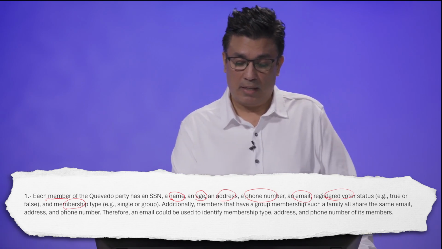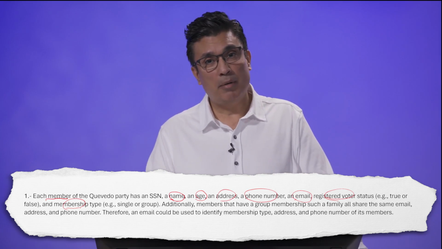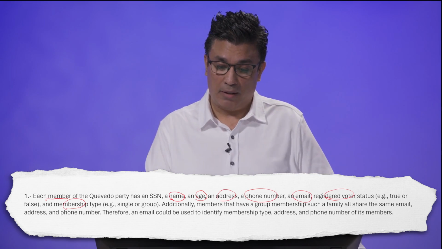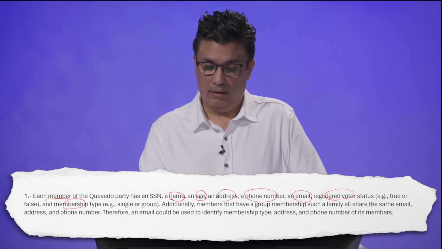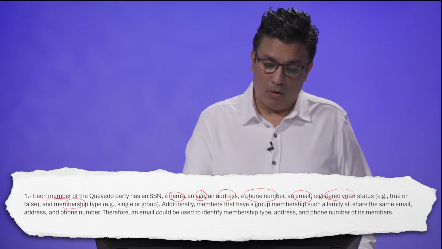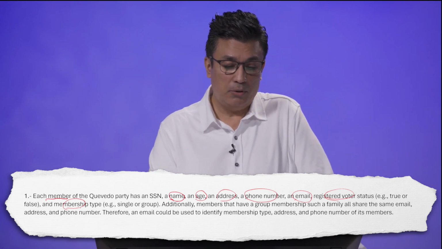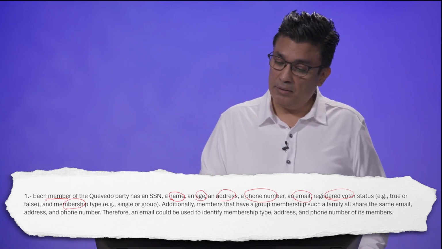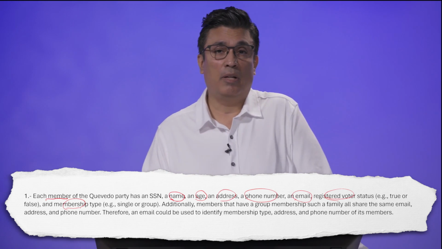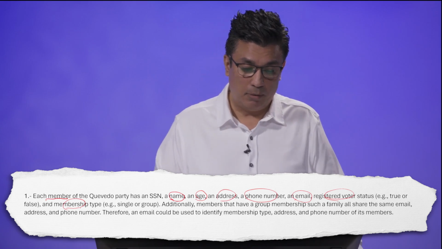This means that if we have a member that belongs to a group, everybody in that group has to have the same address, phone number, and email. So we will use the email to identify the address and phone numbers for the ones that belong to a group, and we're also going to identify the type of membership.